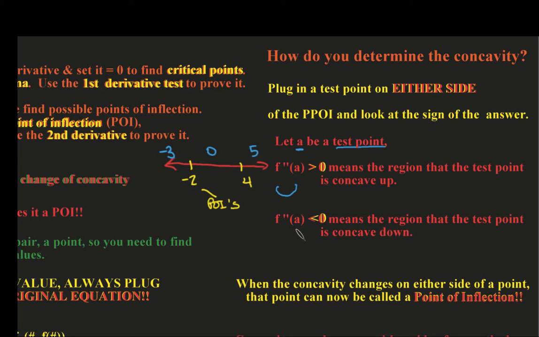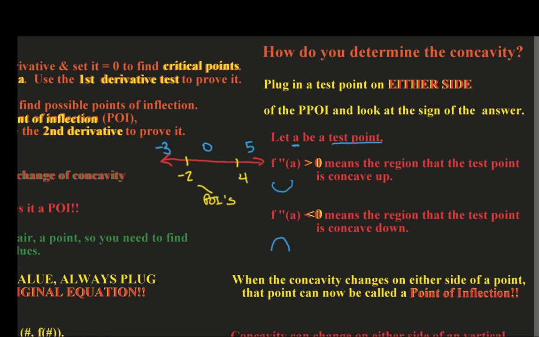And then if you plug it in and you get a negative number, it means that it's concave down. What do negative people do? They frown upside down. Okay. Make sure you know the conditions. Once the concavity has been determined to change on either side of the point, it can now be labeled a point of inflection. All right.